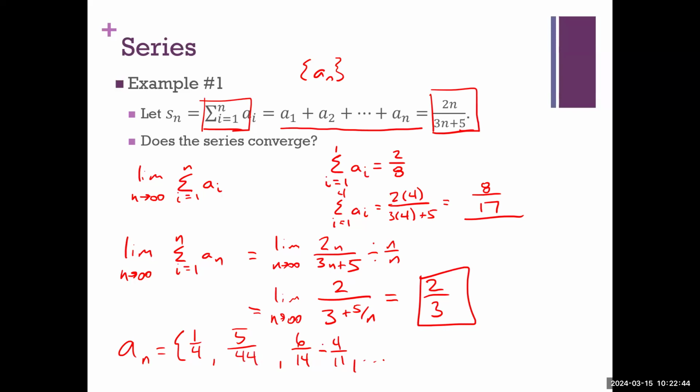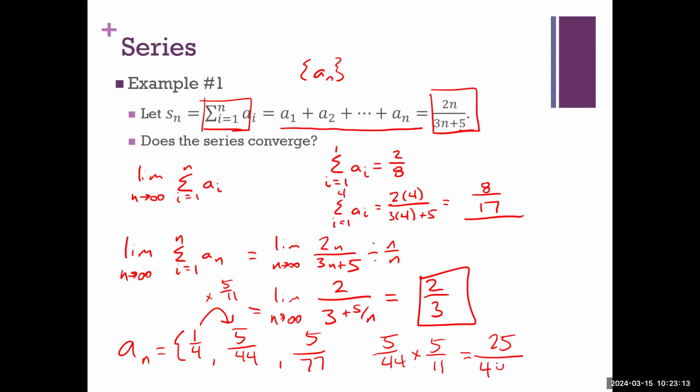Hopefully this is enough. What is 6/14 minus 4/11? 5/77. What do I have to multiply 1/4 by to get 5/44? 5/11? Okay, what is 5/44 times 5/11? 25 over 484. That is not 5/77, right? So this is not a geometric sequence.